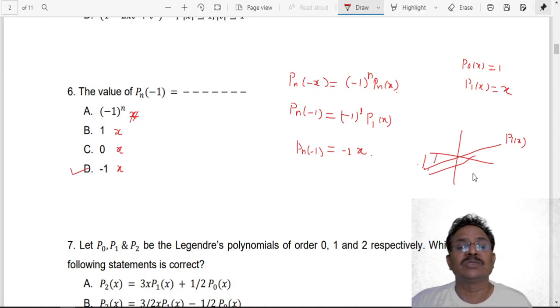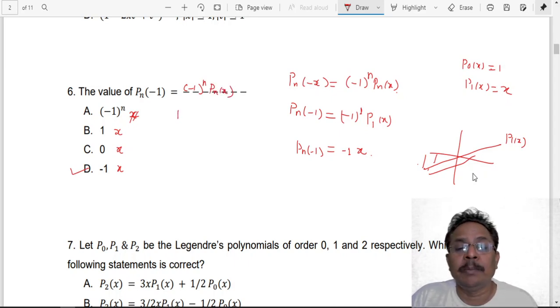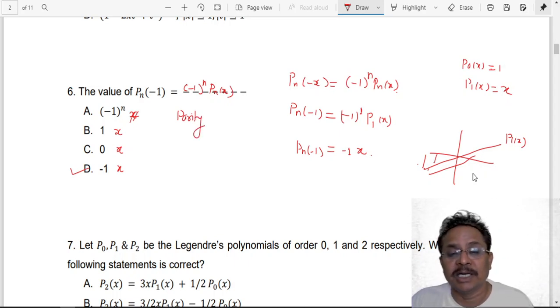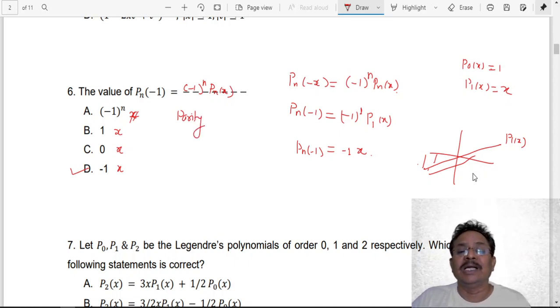This property we can write as minus 1 raised to n into Pn of x. This is related again to parity. So the parity of the Legendre polynomial goes on changing, and that can be understood from this. If I go for P1 of minus x, then it will be minus 1 raised to n into Pn of x, which is going to have odd parity.